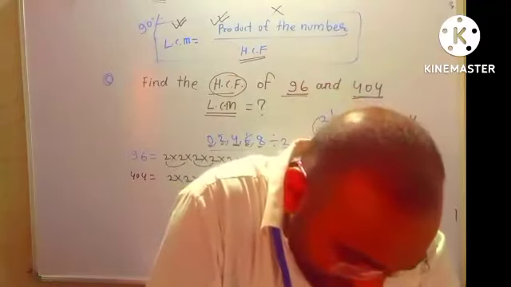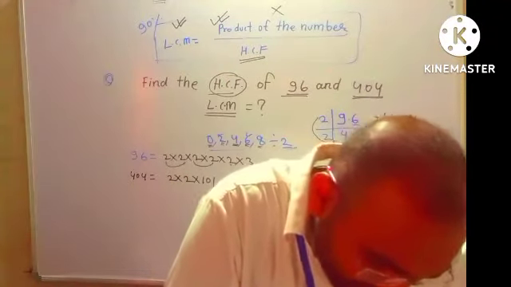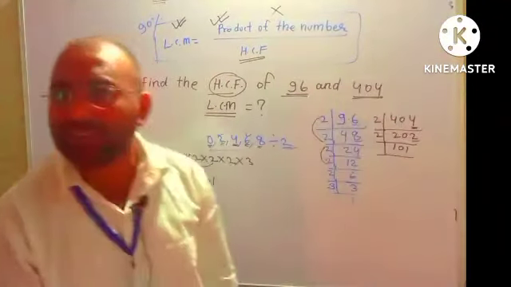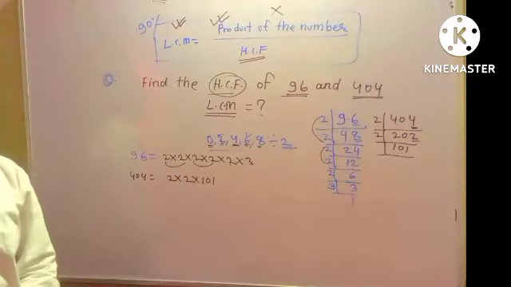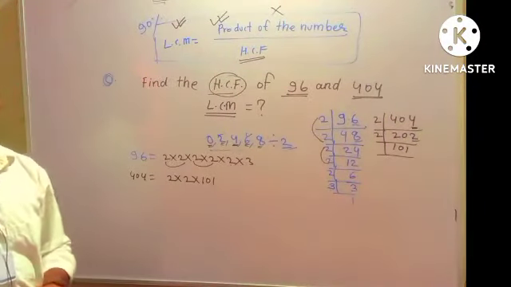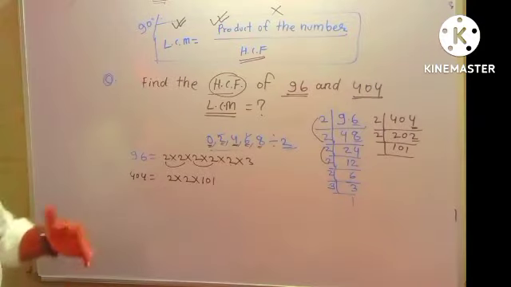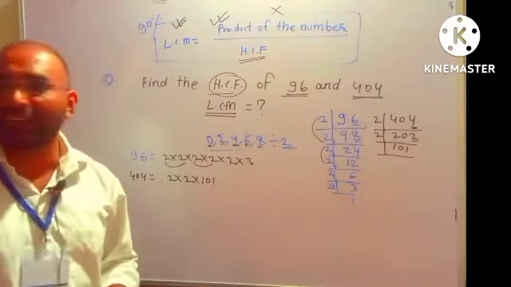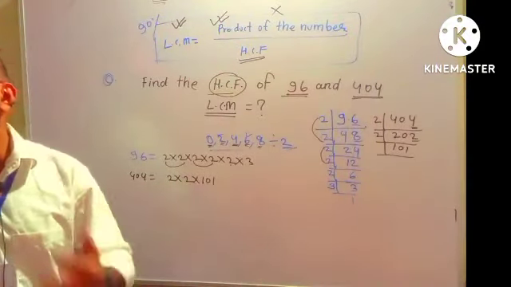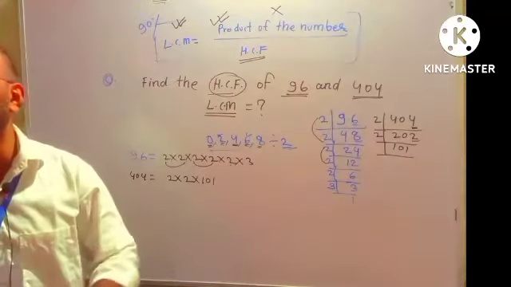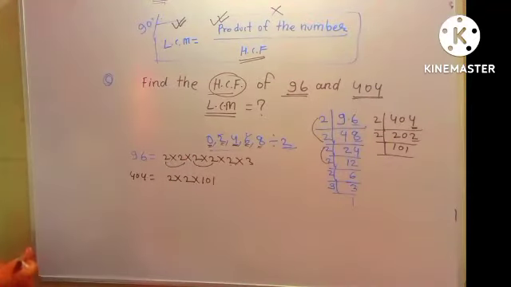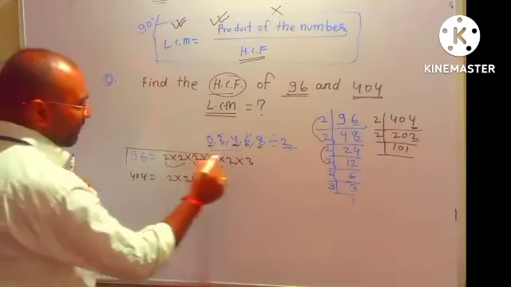What is a prime number? Prime number is a number which can't be divided by another number. एक ऐसा नंबर है जिसको दूसरे किसी नंबर से डिवाइड नहीं कर सकते हैं. So this much is clear.